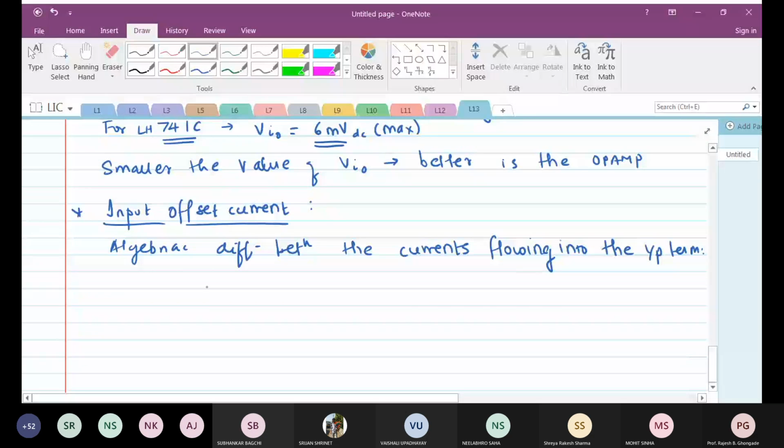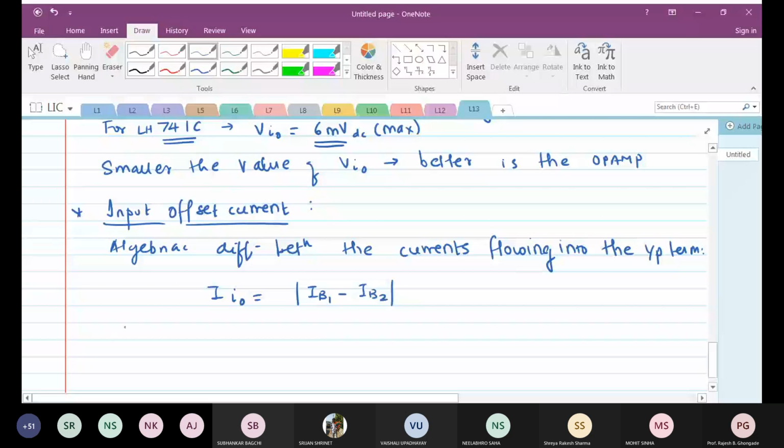So I can call this IIO, which is nothing but modulus of IB1 minus IB2. Simple. Don't get confused between the input bias current and the input offset current.